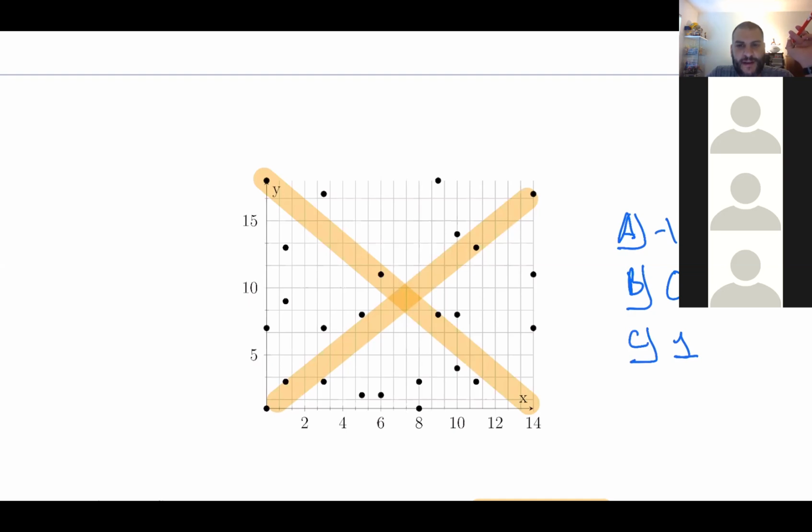Let's share the result. If you look, 95% of you said 0, and 5% of you said C. So let's see what the answer is. If your R is close to 0, that means you can't really see a linear line. If you look at the scatter plot, you can't really see that there's a linear line here. So the answer for this one should have been B. So good job. All right.